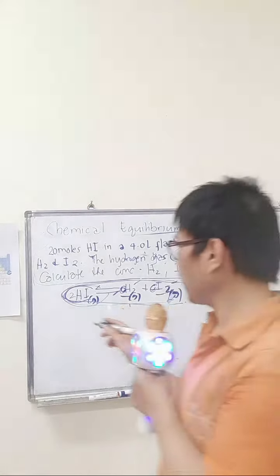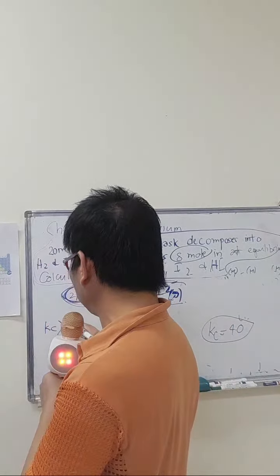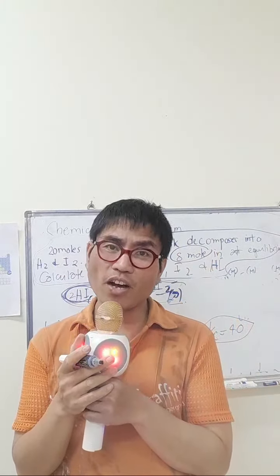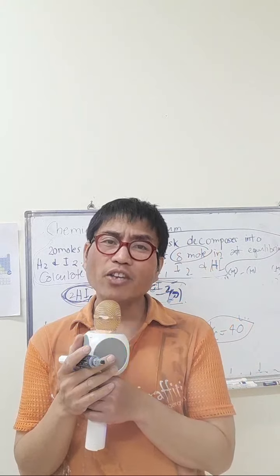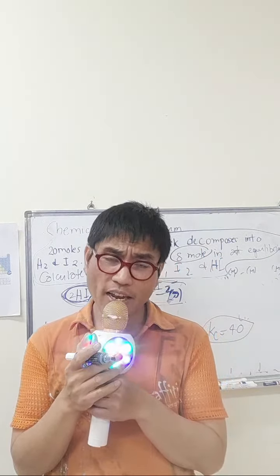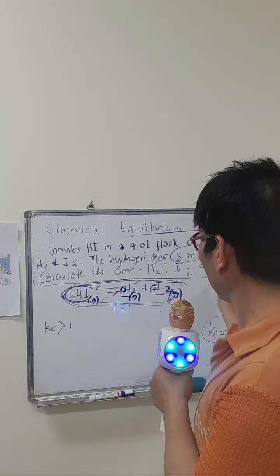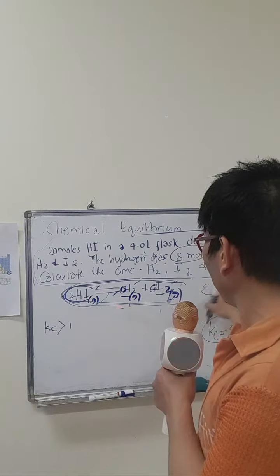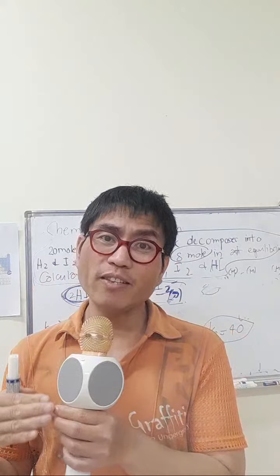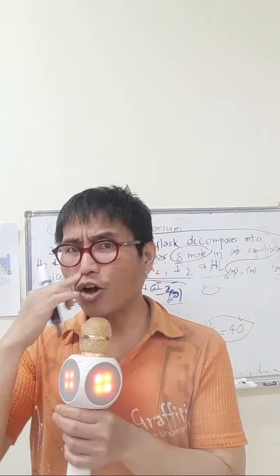So if your Kc is greater than 1, you will produce more of the products, or your concentration of the products will increase. Or your numerator of your equilibrium constant expression, if you multiply all of that, is bigger than the denominator. So that is your identification.